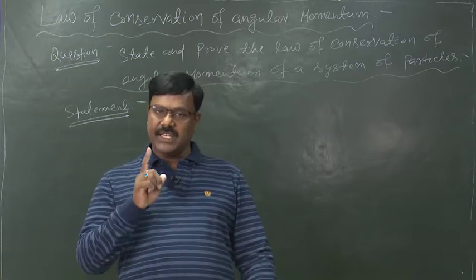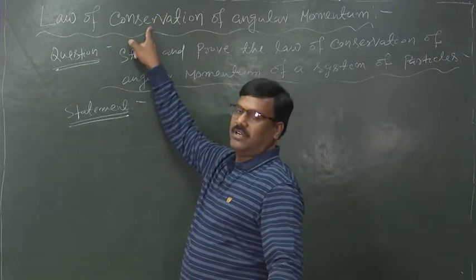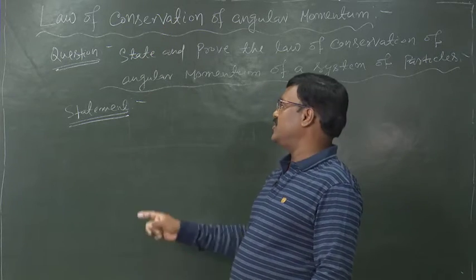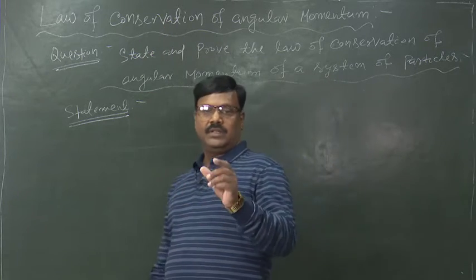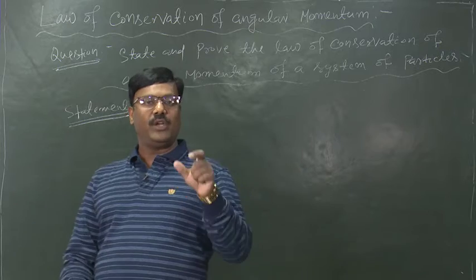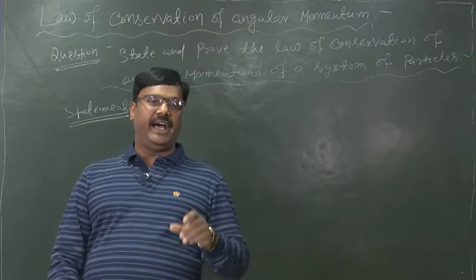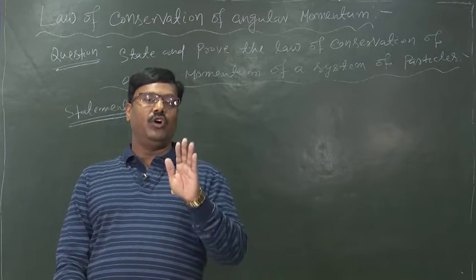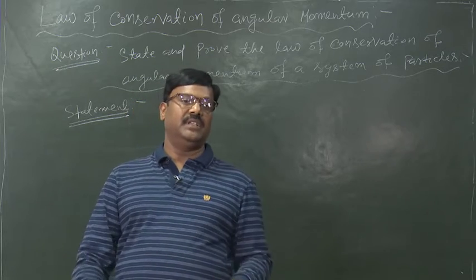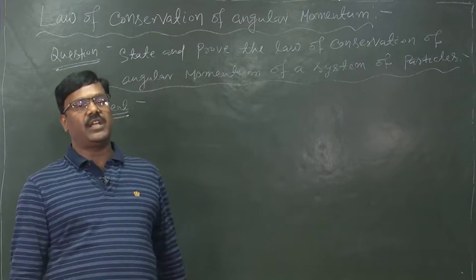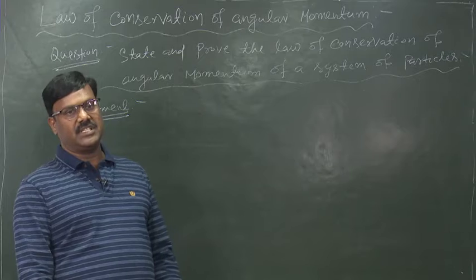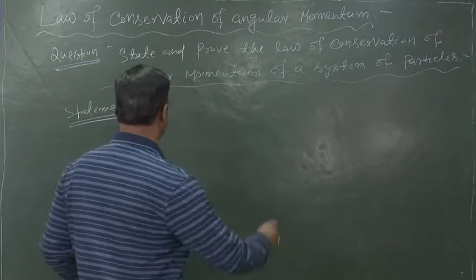Now, in case of angular momentum, the law can be stated as: the total angular momentum of an isolated system always remains the same. That means the total angular momentum of an isolated system is constant.